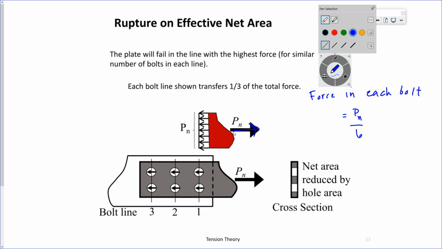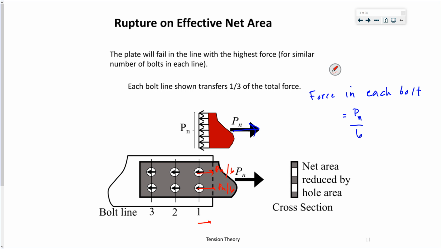Counteracting it is Pn over 6 and Pn over 6, so Pn over 3.